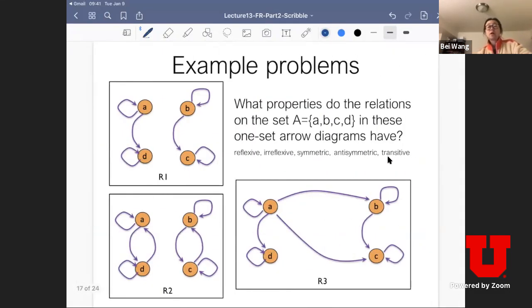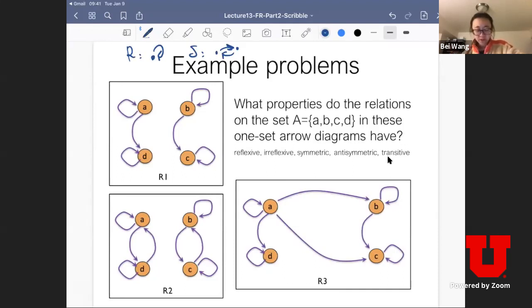Now the next interesting question is, if I give you a one-set arrow diagram, not two sets, what kind of properties does it have? Remember, we just reviewed: if it's reflexive, it has to have a self-loop. If it's symmetric, it has to have bidirectional edges, and so on and so forth.